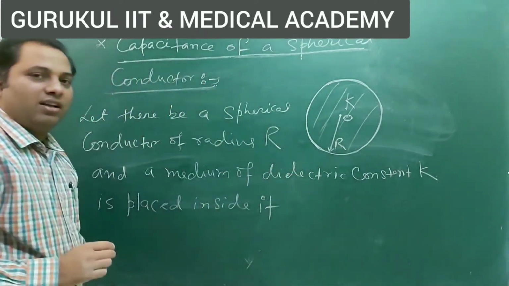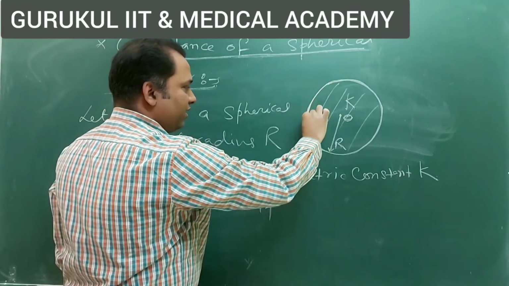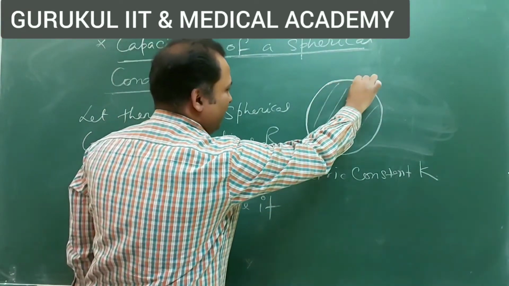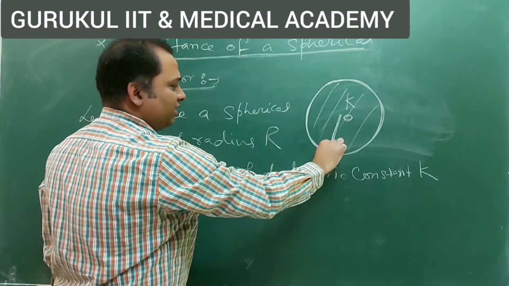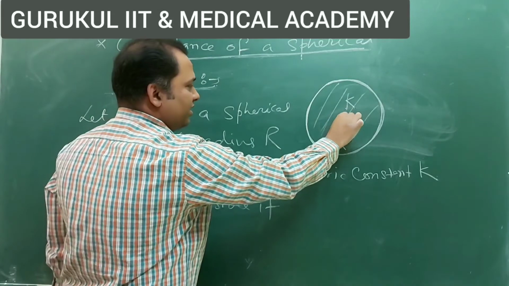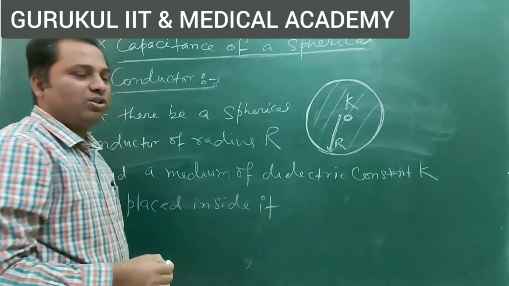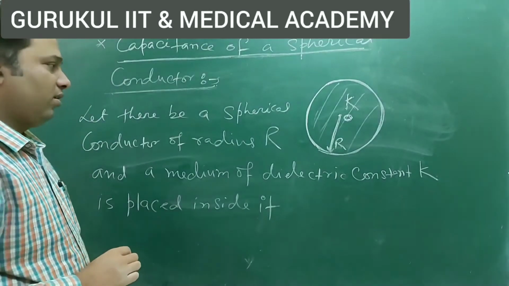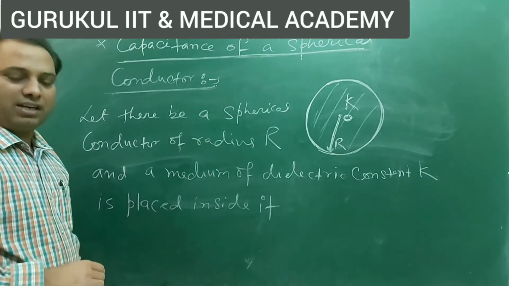Got it? So this is the spherical conductor we have, and it has radius R, and O is the center, and we have inserted a medium of dielectric constant K inside it. Okay, so we have to calculate the capacitance of this spherical conductor.